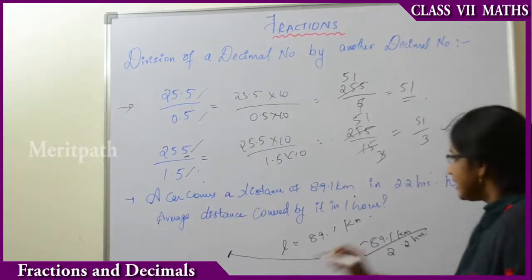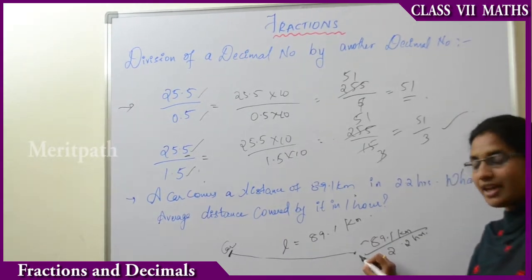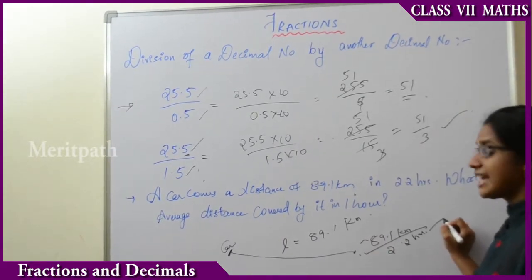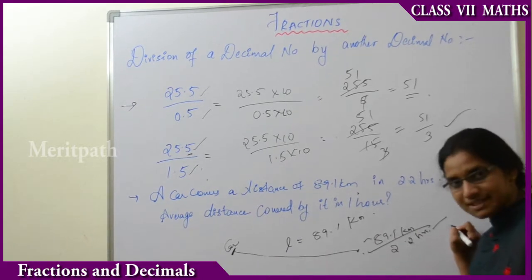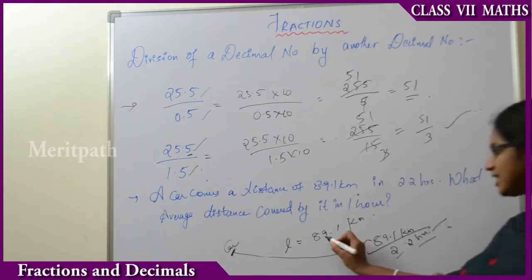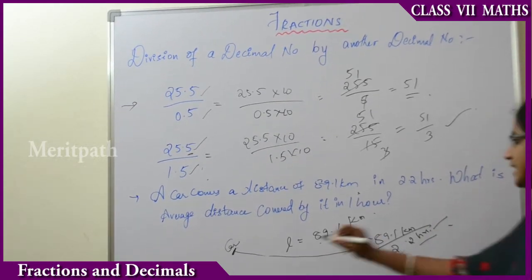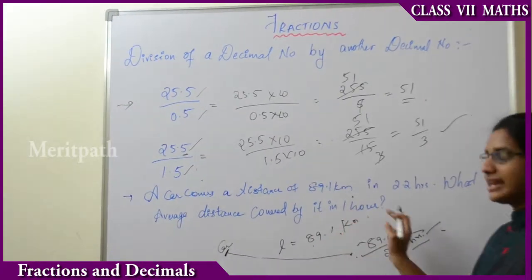Now the car is reaching the destination in around 2.2 hours. That means it is taking around 2.2 hours in order to travel 89.1 kilometers, right? So the question here is the average distance covered by it in 1 hour.